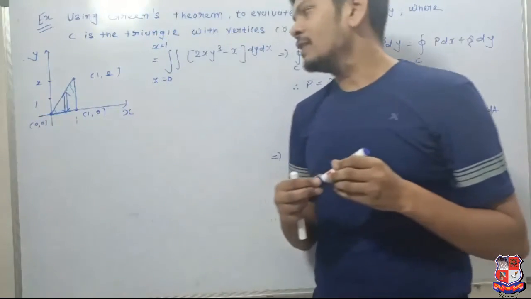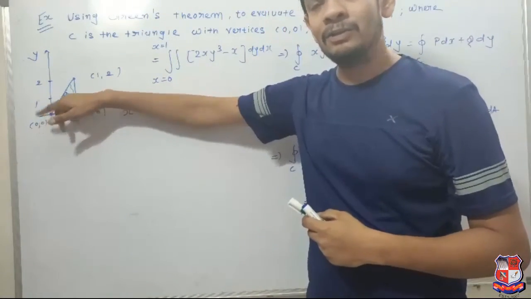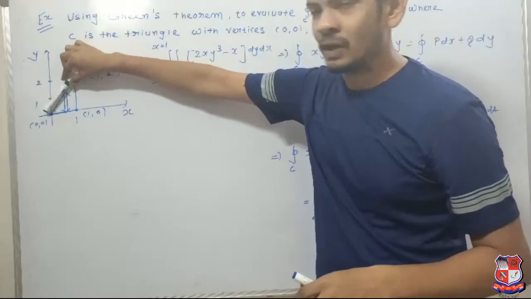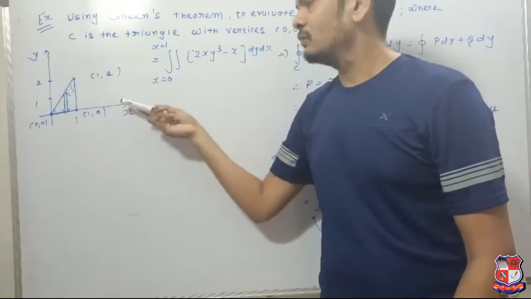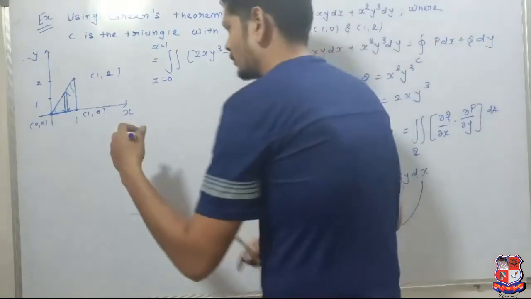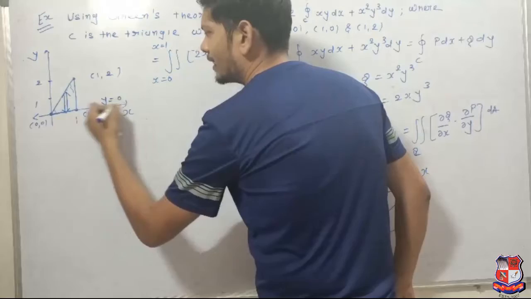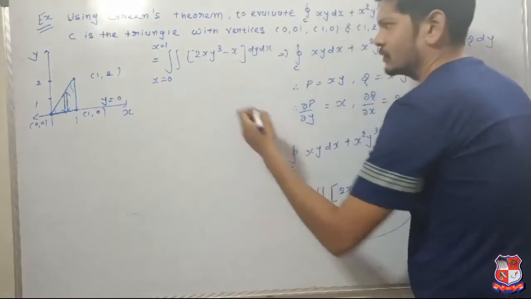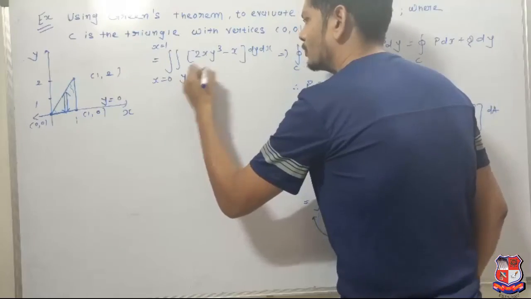Now the first end of the strip touches this line and the second end of the strip touches this line. So what is this line? It is nothing but y is equal to 0. So one limit is cleared. y is equal to 0.